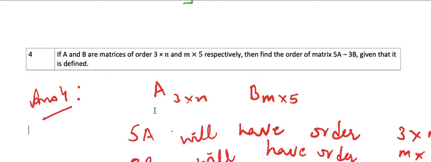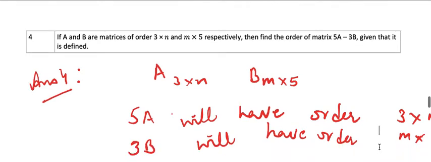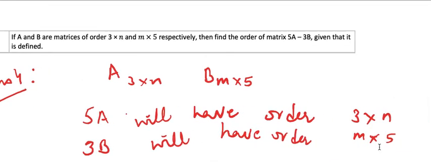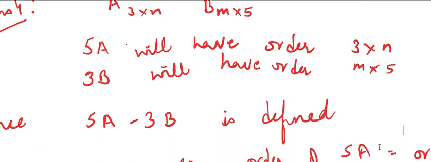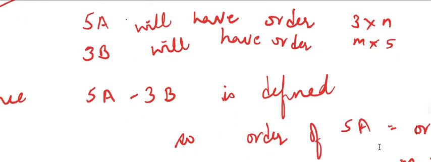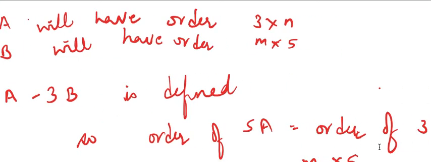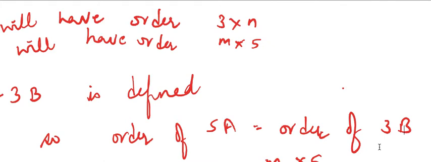Now we will write A as 3 cross n, B as m cross 5. 5A, when you multiply any matrix by a scalar, it has the same order, 3 cross n. And similarly 3B will have the same order as B, which is m cross 5. Now if I want the operation of subtraction to be applied in between, the order has to be same. So order of 5A will be equal to order of 3B.